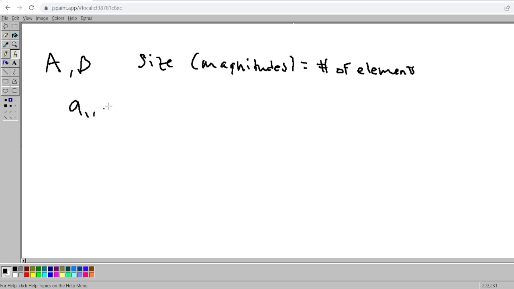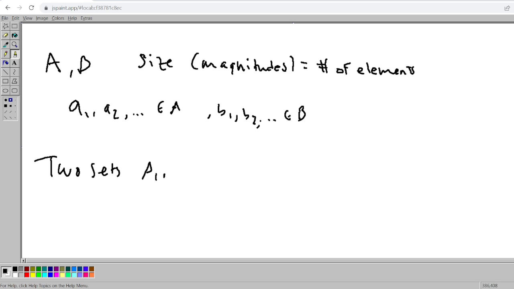For example, A1, A2, and so on are elements of A, and B1, B2, and so on are elements of B. So we have our first definition: two sets, A and B, have the same cardinality, equal cardinalities.